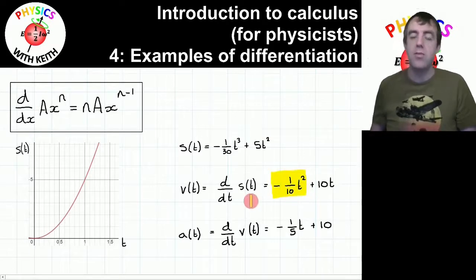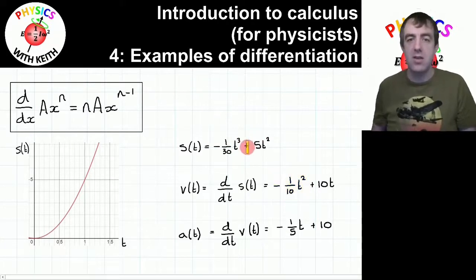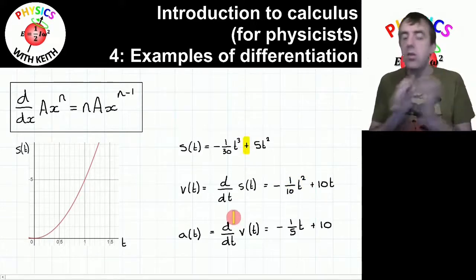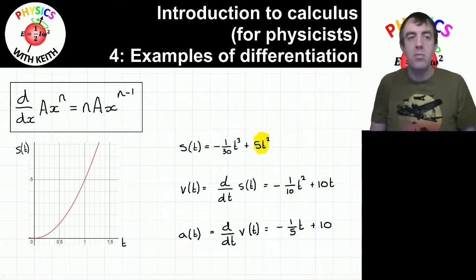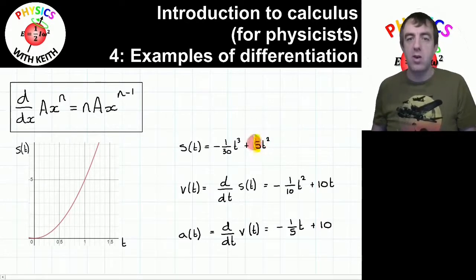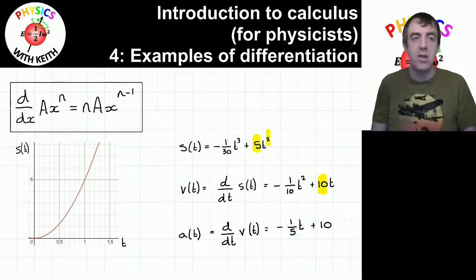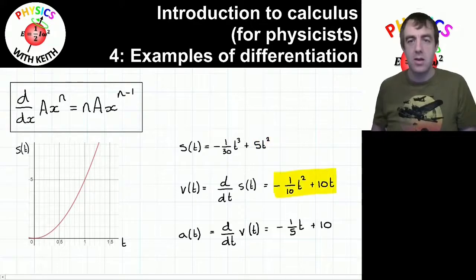A nice thing about differentiation is where an expression includes parts that are added or subtracted, we can handle those separately. So here's the second part, and again, we are going to multiply the coefficient by 2, which gives us 10, and reduce the power by 1, and that leaves us with the expression you can see here.